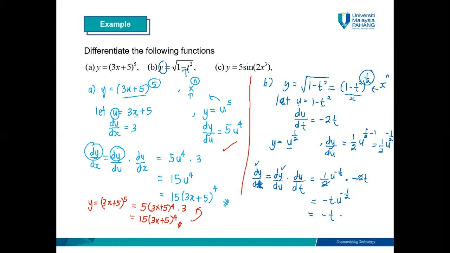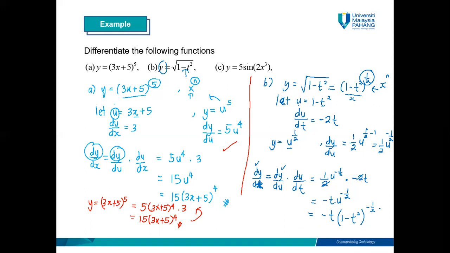So ganti balik u tu apa? Kalau awak tak gantikan u, salah lah jawapan. So original function dia adalah y dengan t, tapi tiba-tiba ada u, so salah. Okay, so ganti balik what is u. U is 1 minus t square power of negative 1/2.